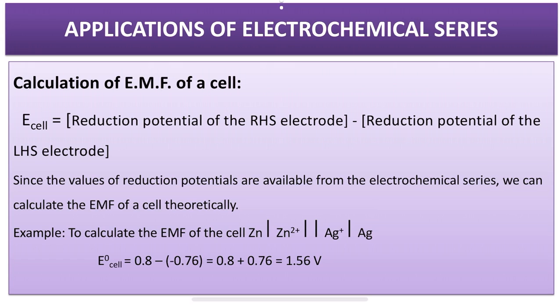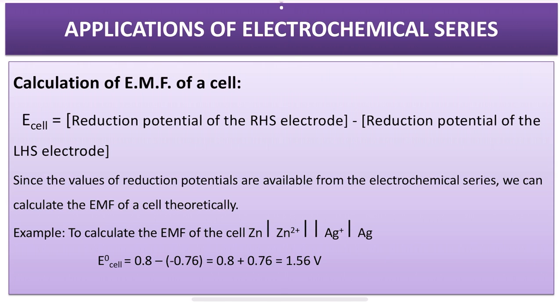Substituting these two values, we get 0.8 plus 0.76, which equals 1.56 volts. So 1.56 volts is the E.M.F. of the Zn | Zn2+ || Ag+ | Ag cell.